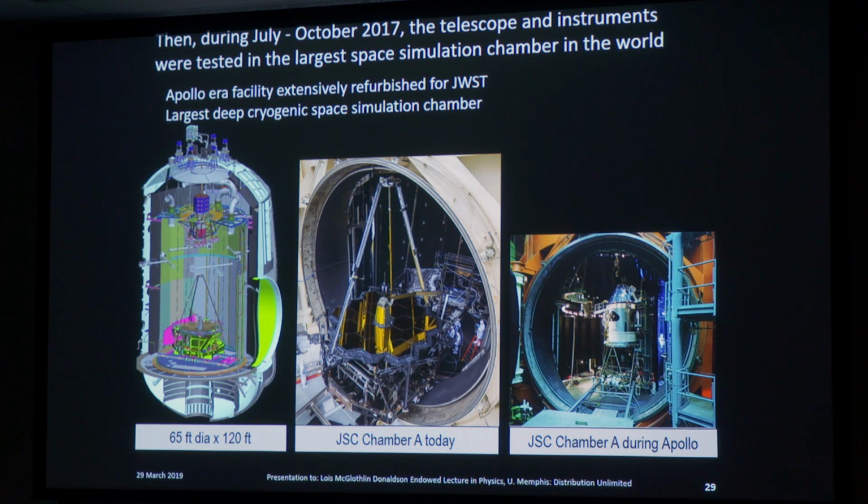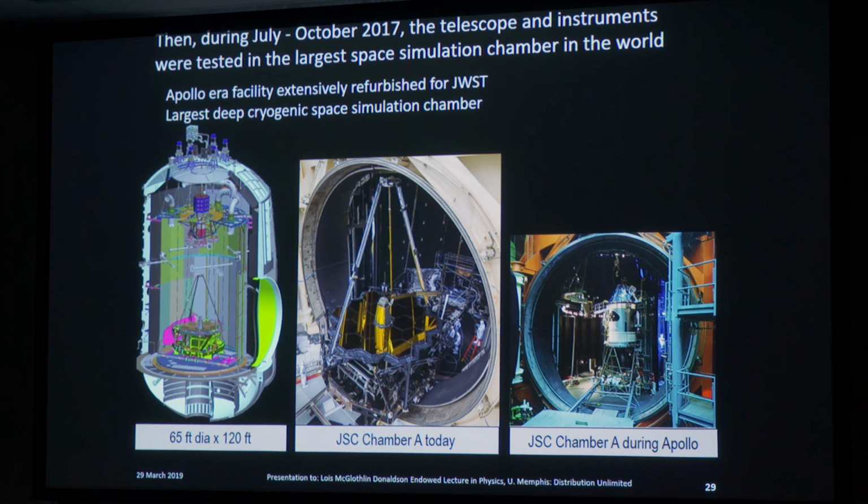That's a very difficult test to do, and it's a test that we skipped on the Hubble program, with consequences that I think most of you are aware of. Since the astronauts can't fix this thing, obviously we did not skip that on the James Webb Space Telescope. And so this work is all behind us now.